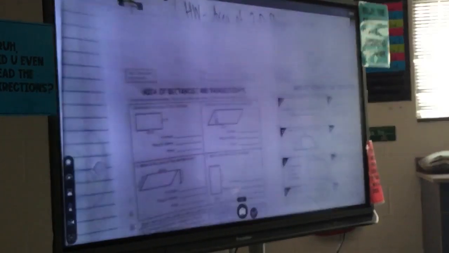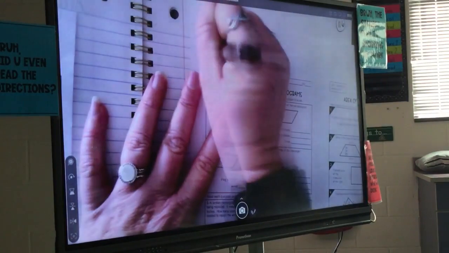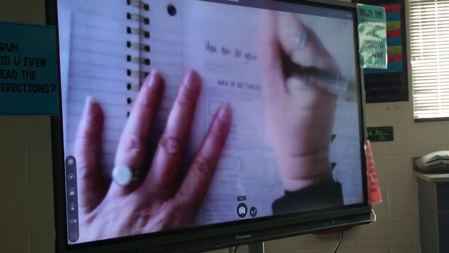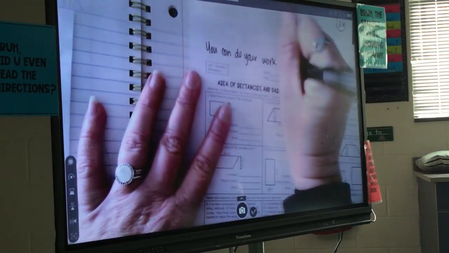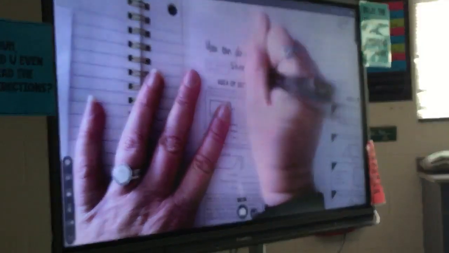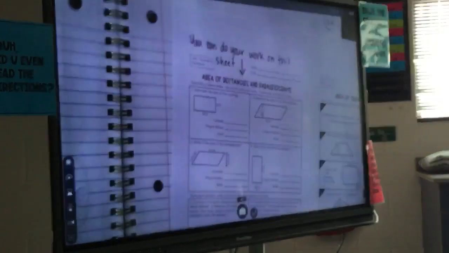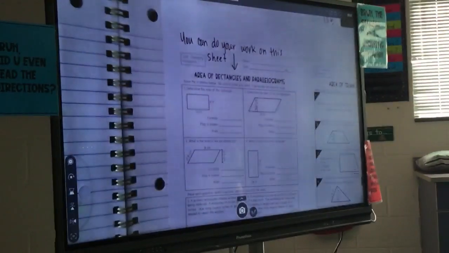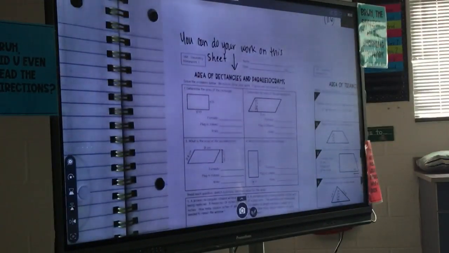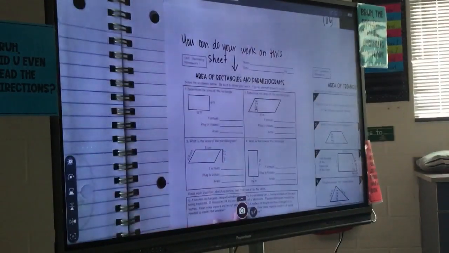So write that for the left side. You can do your work on this sheet. Everyone write that. If you want to do it in your notebook, you can, but I'm allowing you to do your work here.